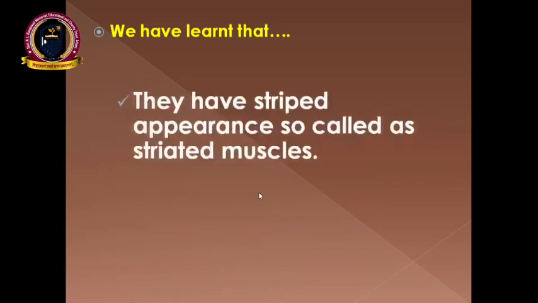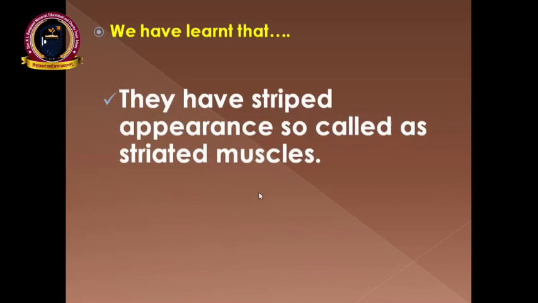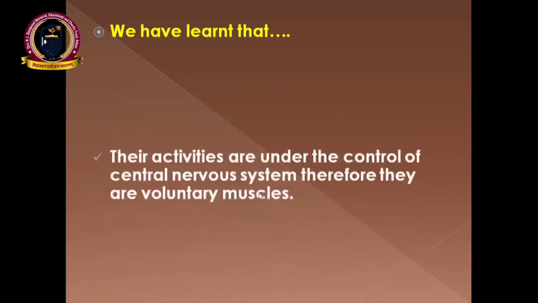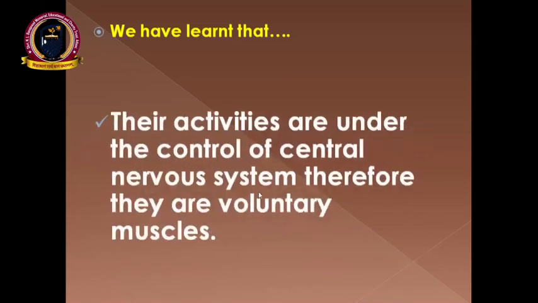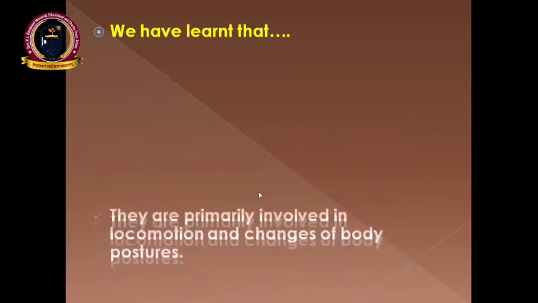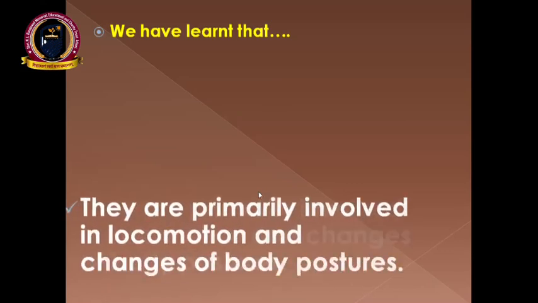These muscles have a striped appearance, therefore they are called striated muscles. Their activities are under the control of the central nervous system, so they are called voluntary muscles.